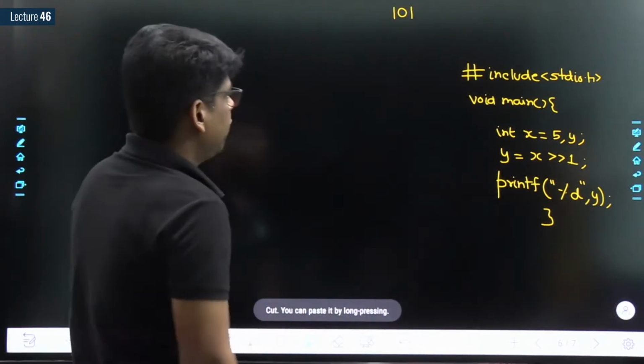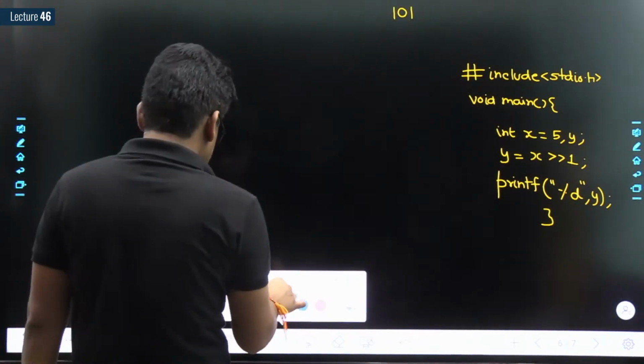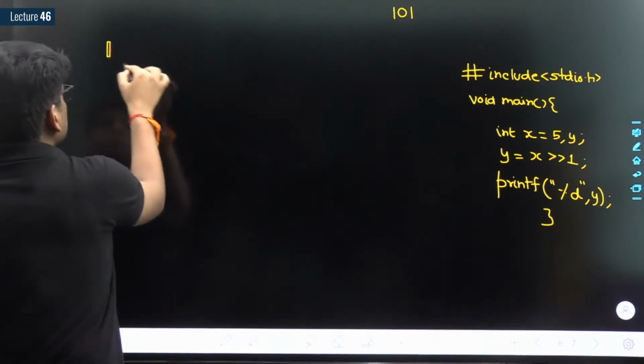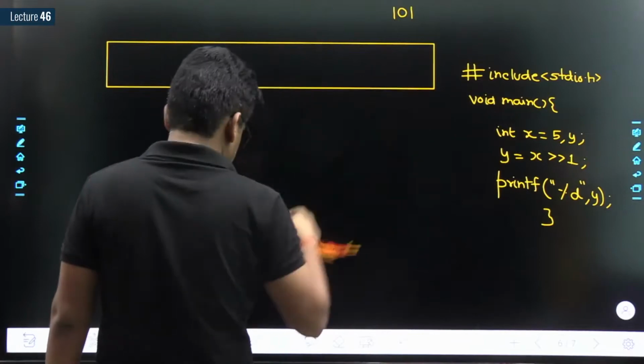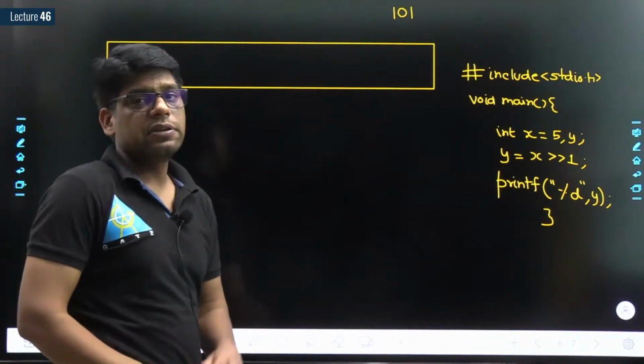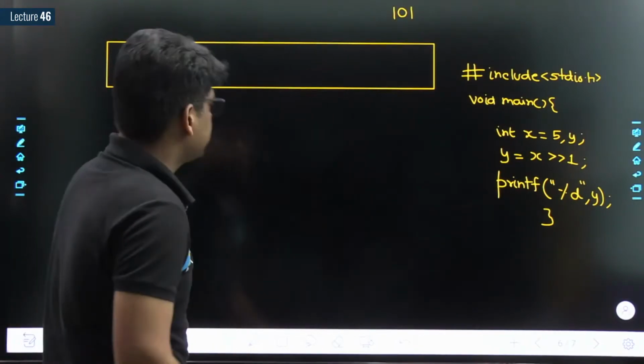So, the binary for 5 is 101. I am assuming again that an integer takes 2 bytes or 16 bits.